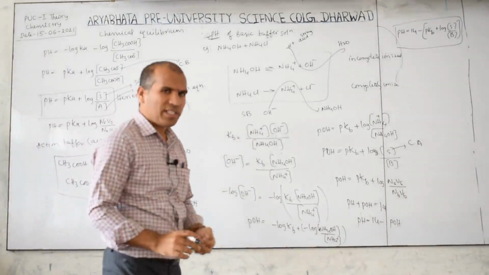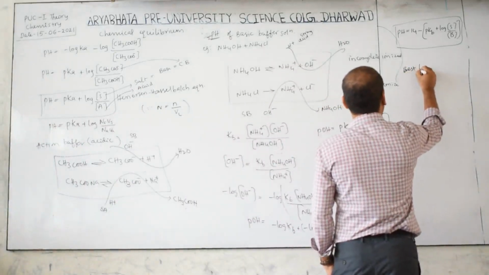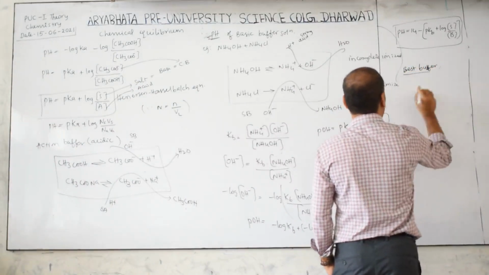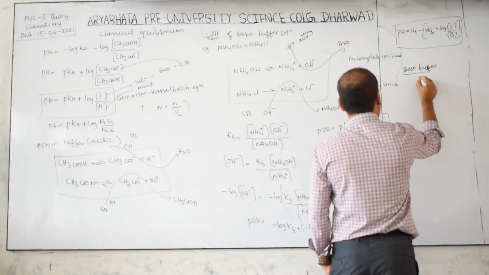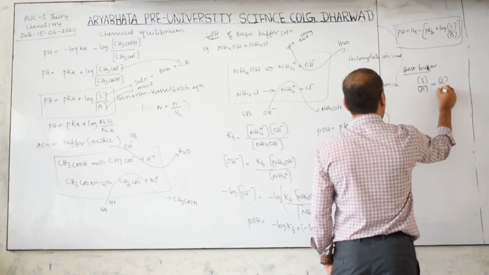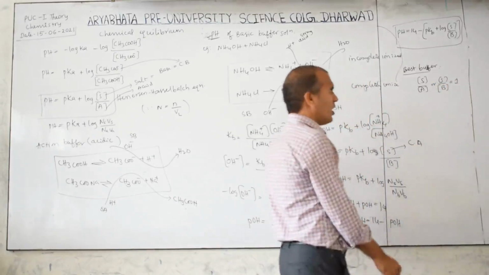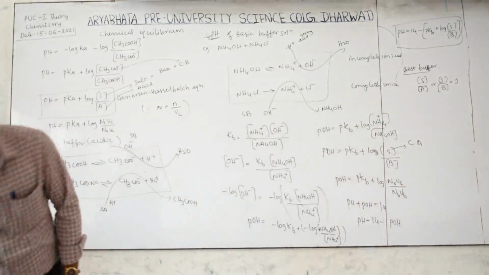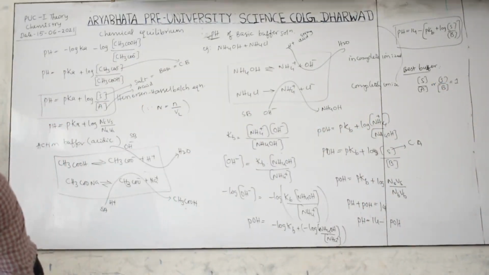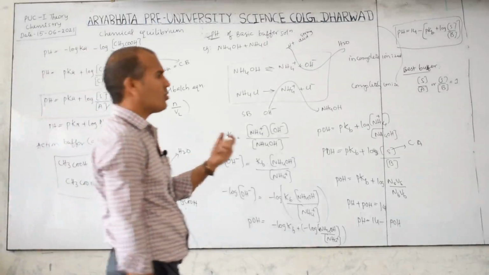Now the best buffer will act when salt concentration by acid concentration, or salt concentration by base concentration, is 1. In that condition this will act as the best buffer. So you have to remember this is the best buffer. The ratio close to 1, or otherwise close to 1 also, right?